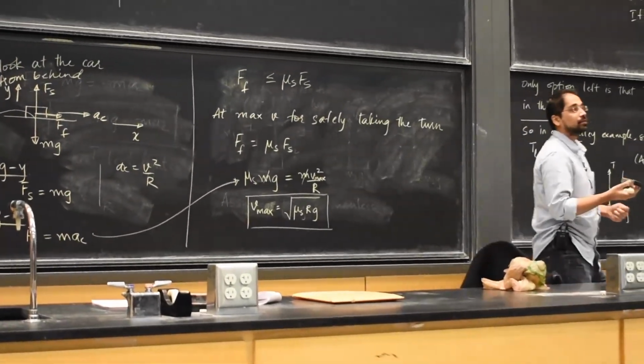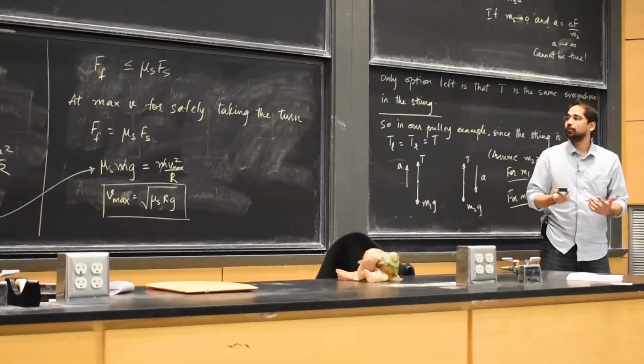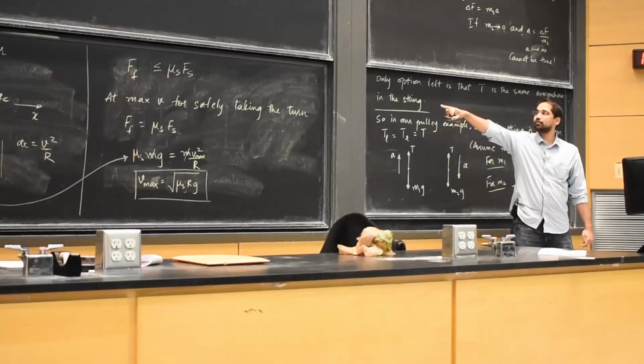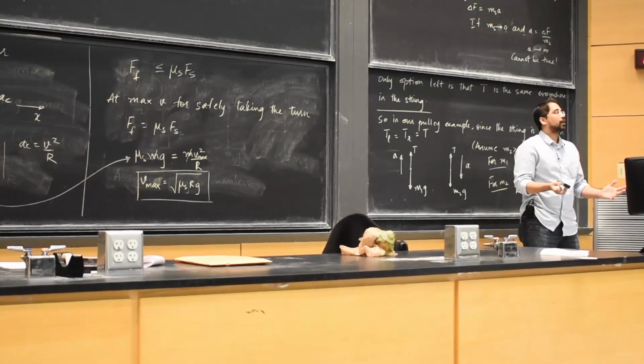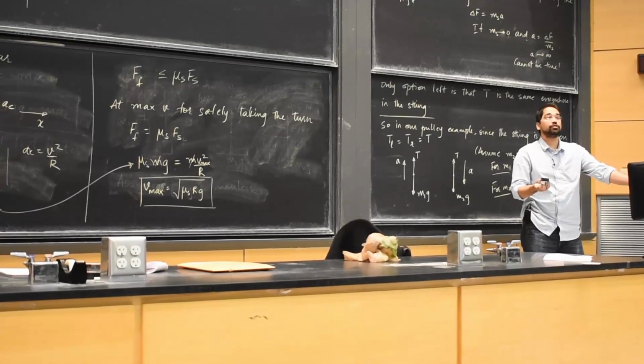Any faster than this, and friction will not be able to keep up with the requirement that I take the turn safely. I'll start sliding. It's going to give me mu k times Fs, but that is not nearly enough for me to take the turn. I am going to slide for sure.